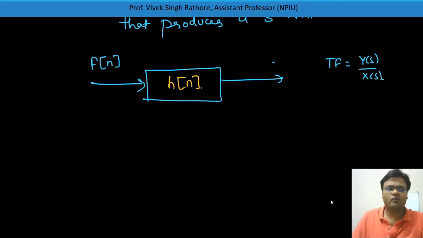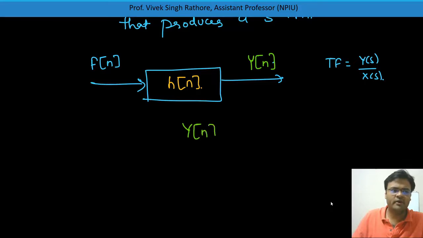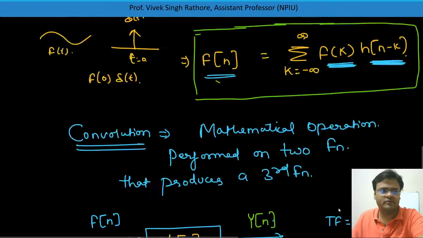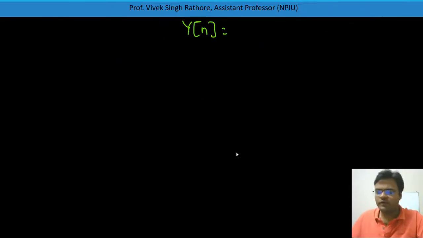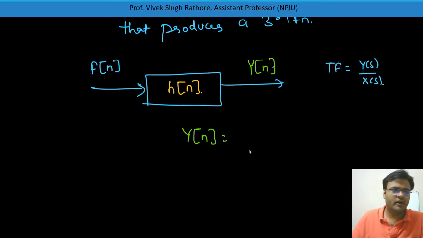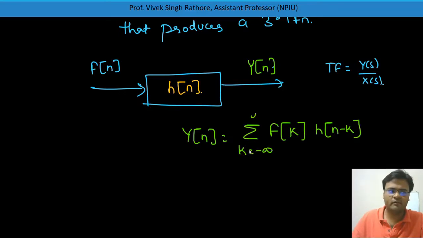Now what you need is the output. Output is, let's suppose, y of n. So y of n will be equal to this equation. That means what we need to do here is change the domain, f of n from n to k, h of n minus k, and then do the summation for k equal to minus infinity to infinity.